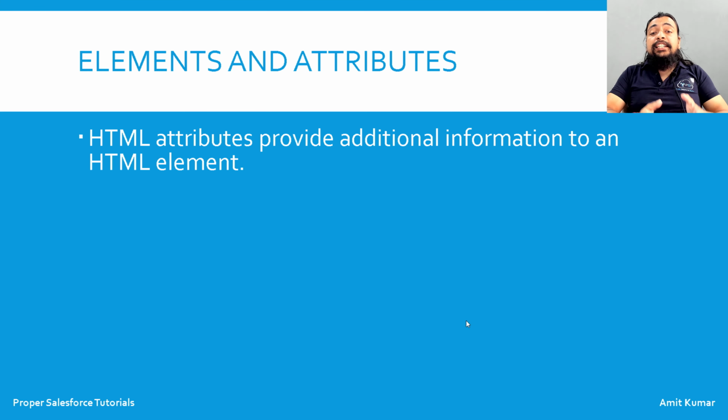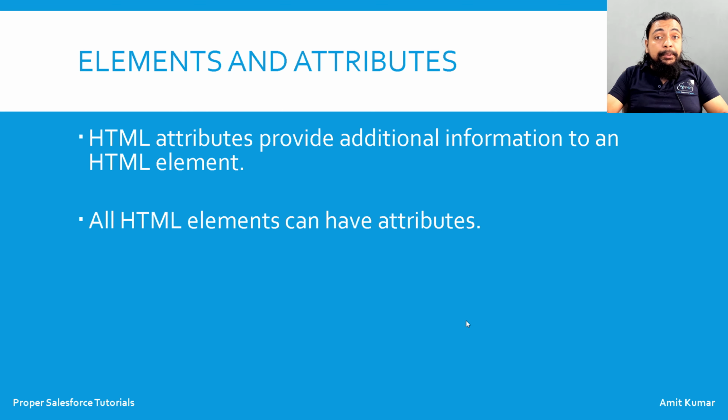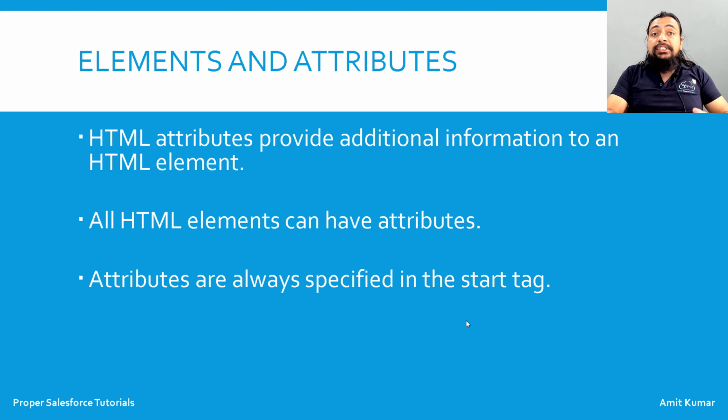Attributes. HTML attributes provide additional information to the element. Whatever HTML element you are using, to provide any additional information to that element, we take help of attributes. All HTML elements can have attributes. Attributes are specified in the start tag.